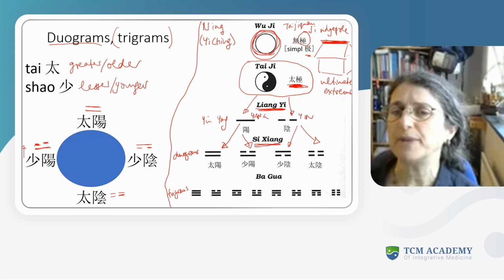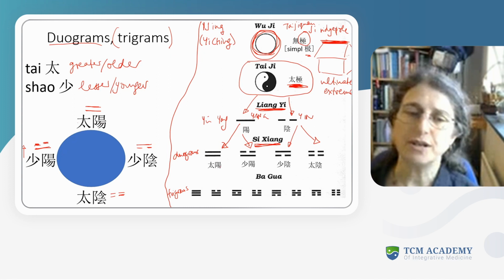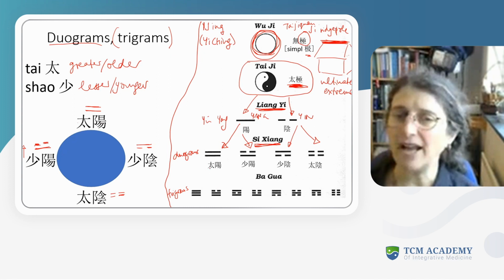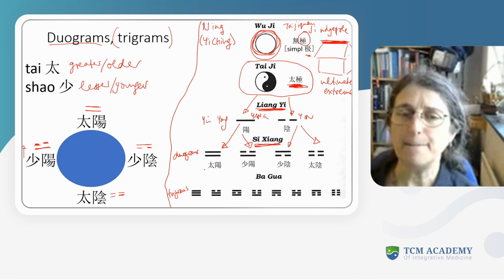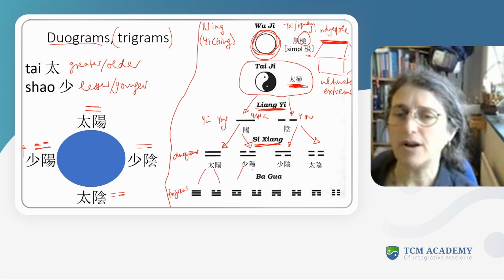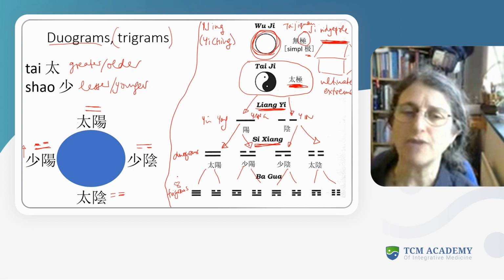That's what Xiang means, the 4 images. And then you can add another line. You can add a yang line below, or add a yin line below, and you get the 8 trigrams.